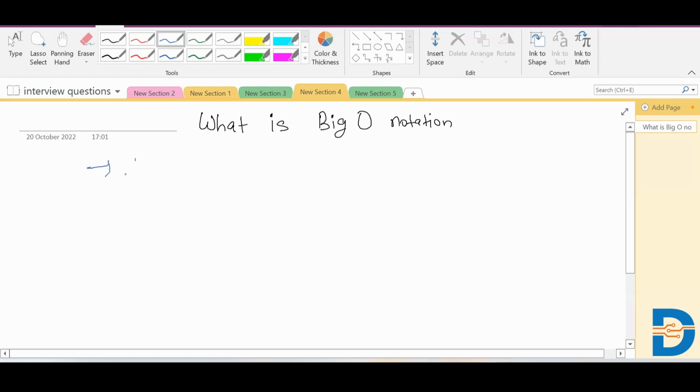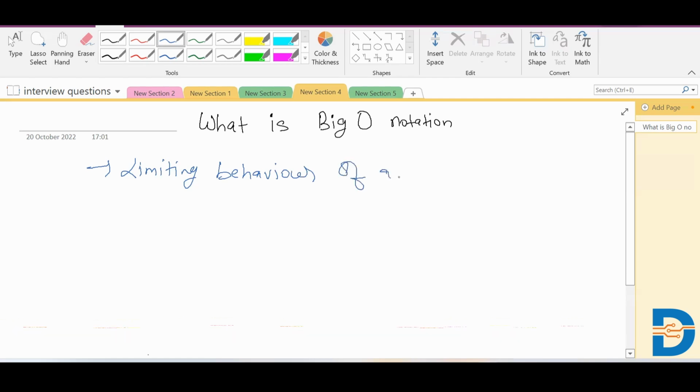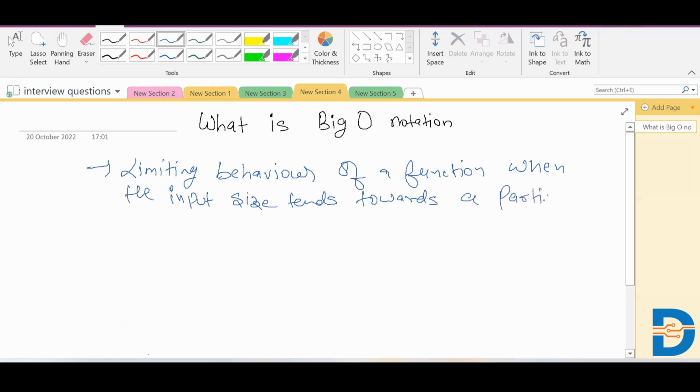I can say that it's a limiting behavior of a function when the input size tends towards a particular value or infinity for that matter.